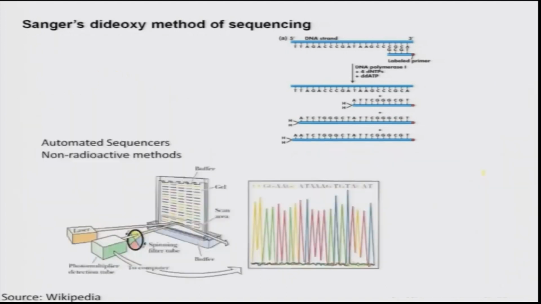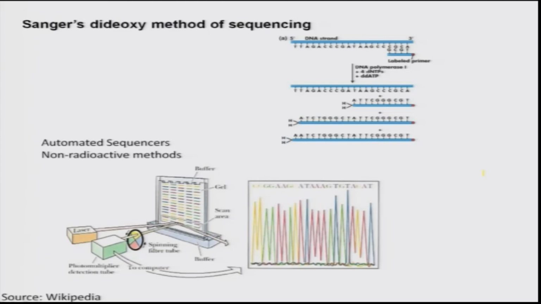But things have changed, as I told you, in 1995, 94, when different chemistry came in. One of them is what is called a non-radioactive method. Instead of using radioactive moieties, people started using fluorochromes, different chemicals that, when you excite them with a laser, fluoresce at different wavelengths.